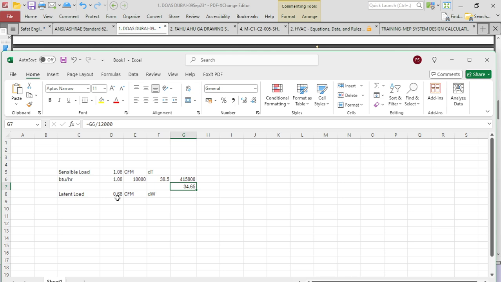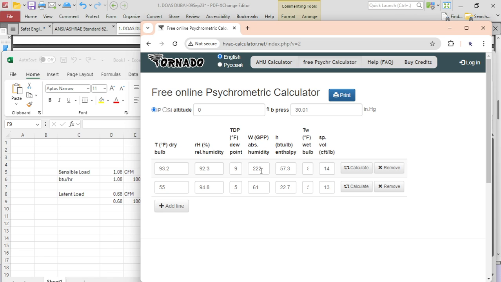Sensible load. Now I am going to calculate latent load, 0.68, 10,000 and delta W. So delta W, if I go to the chart here, I am able to calculate what is the delta W, right? 222 minus 61.